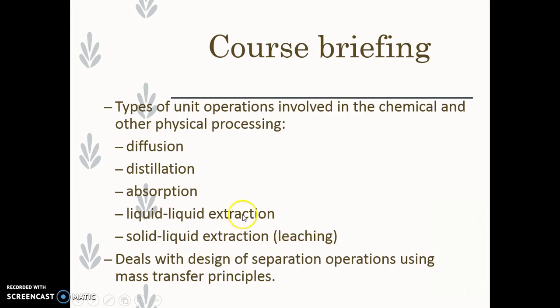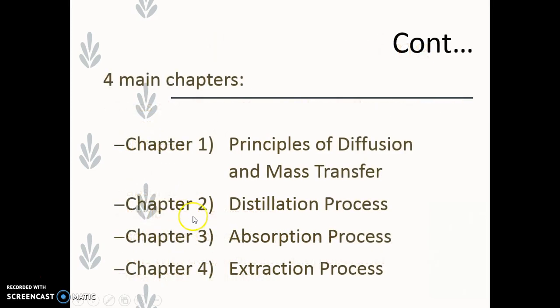You will also deal with the design of separation operations using mass transfer principles. Altogether in this subject, you will learn 4 main topics. First is the principle of diffusion and mass transfer. The second is the distillation process. The third is the absorption process. And chapter 4, the last chapter, is the extraction process.